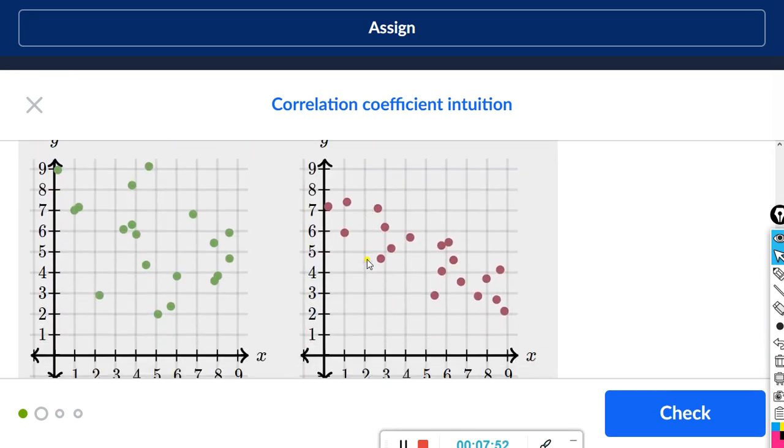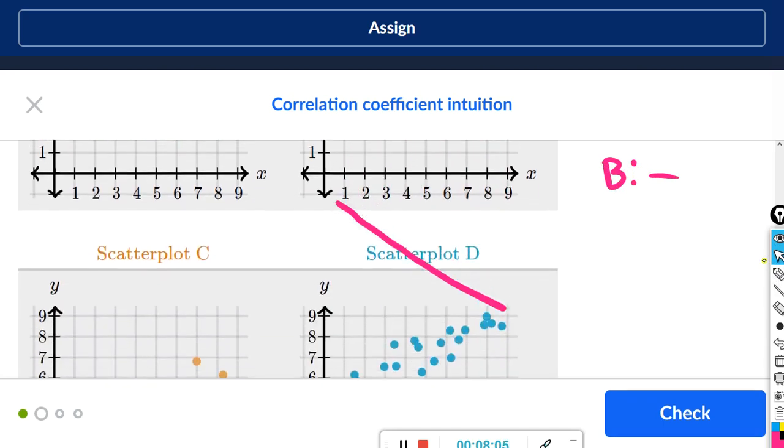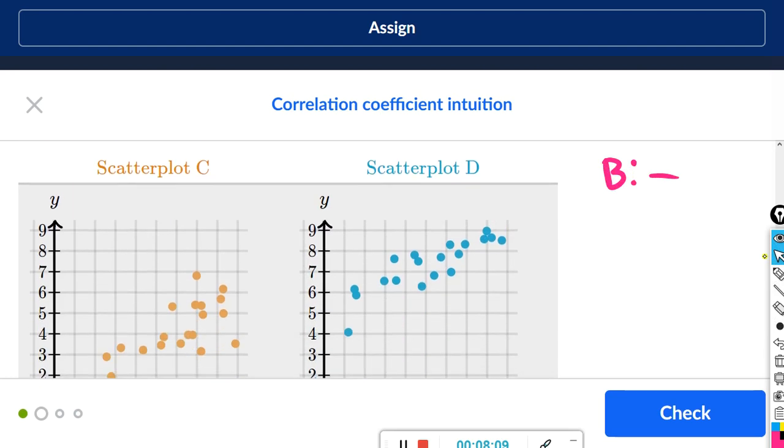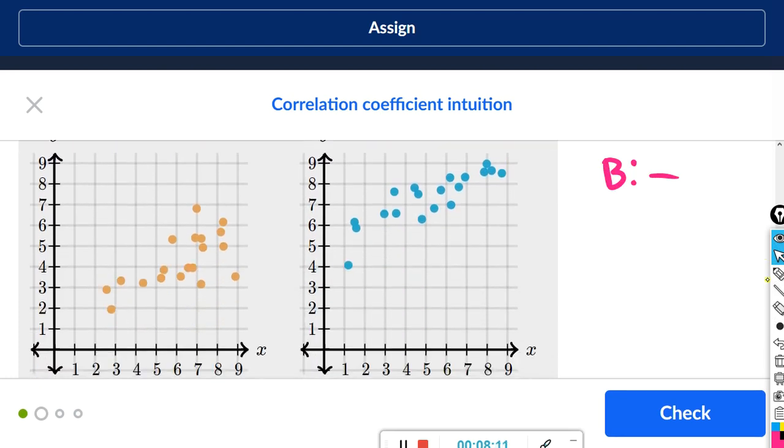For part B, clearly we can see B goes down and to the right. So B is going to be a negative. All right, let's see. For part C, that's going to be a positive.